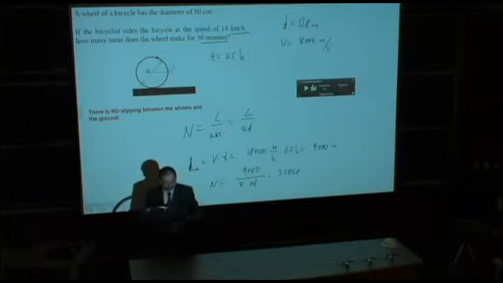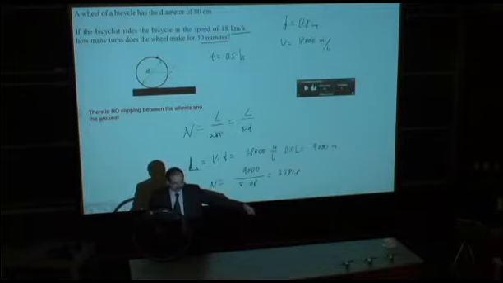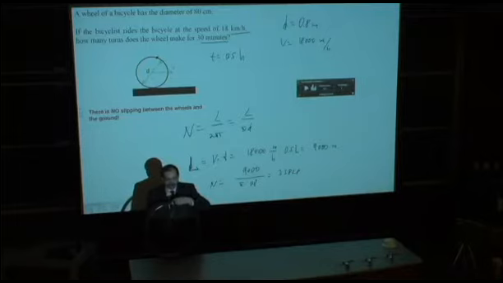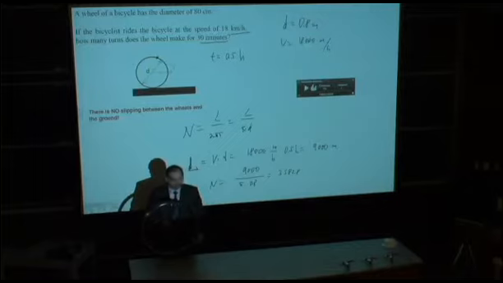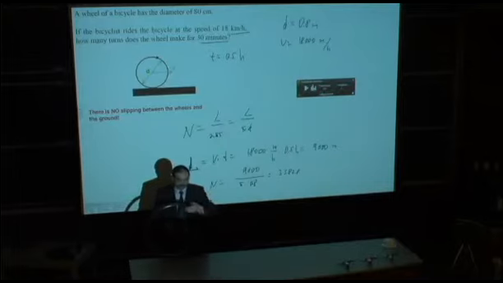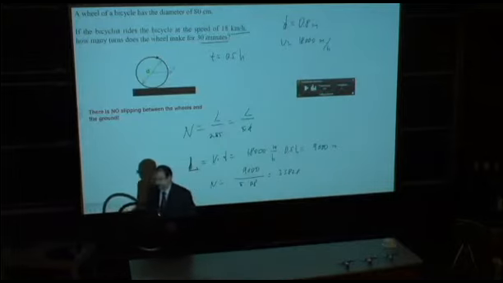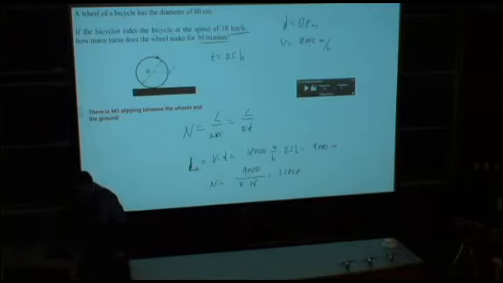So this distance traveled equals the speed times time. But because it equals the distance traveled by this point, and one whole revolution is equivalent to a circumference, if we know the total distance and divide it by the circumference, that gives us the number of turns. That's what I did.